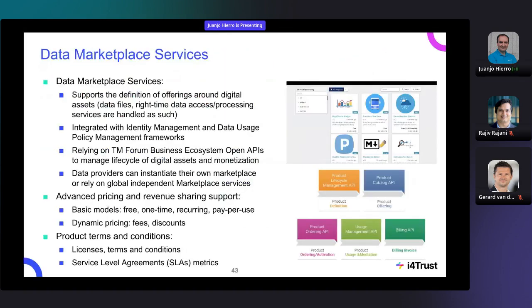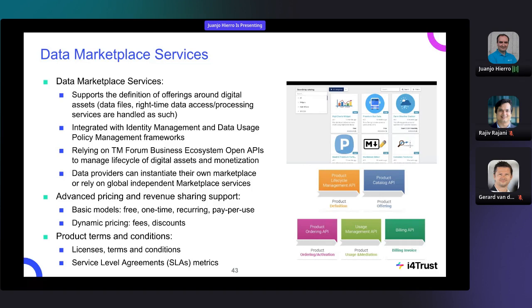Data value creation, very quickly: we are providing components that are implementing data marketplace services. So any i4Trust enabled data space will allow to instantiate data marketplace services which support the definition of offerings around data services that different participants may wish to offer, and all the mechanisms that would allow other participants to acquire access rights to use those data services and start consuming them.